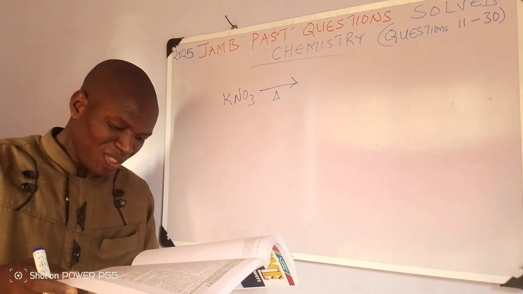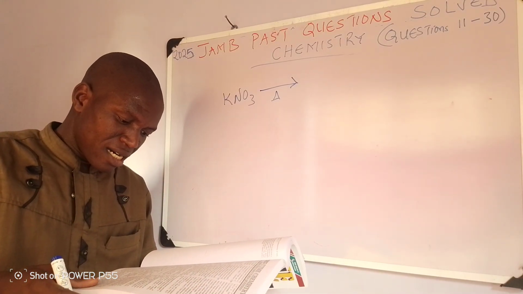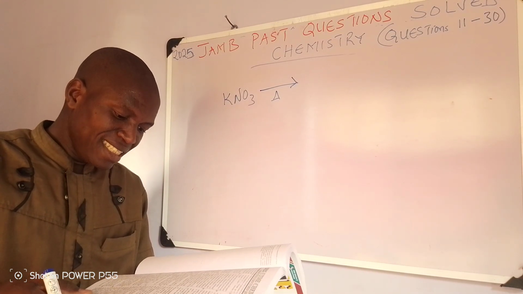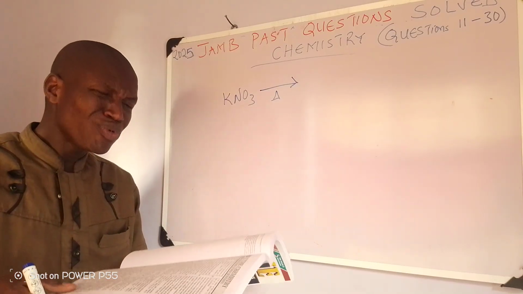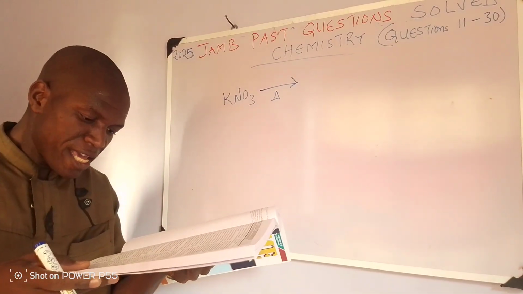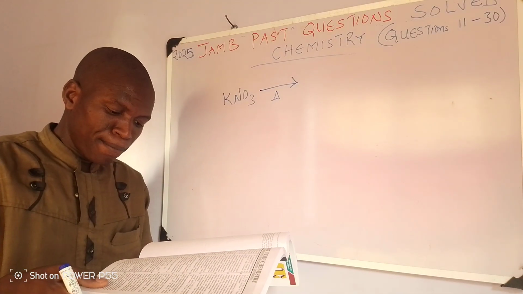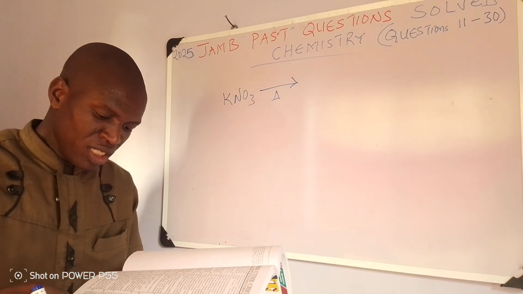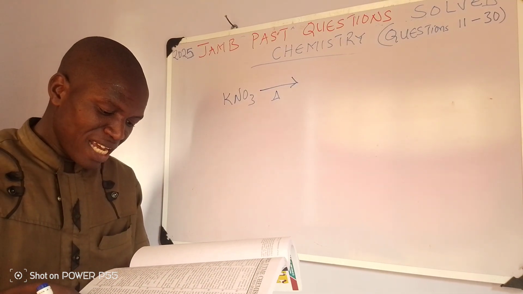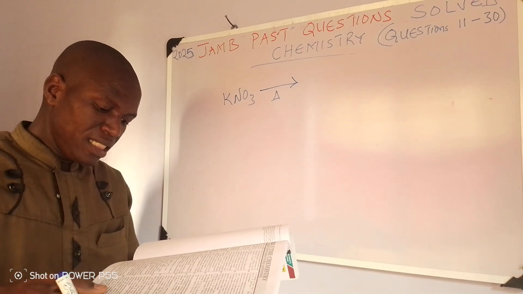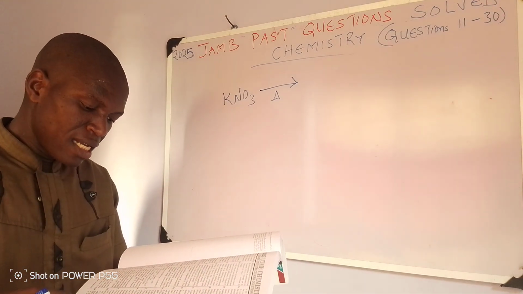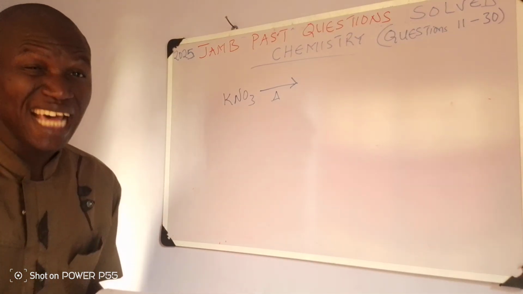Now, the question says, what will be produced? They say thermal decomposition of potassium nitrate produces A, potassium oxide and oxygen, B, potassium nitrate and oxygen, C, potassium nitrate and nitrogen, D, potassium and nitrogen oxide.